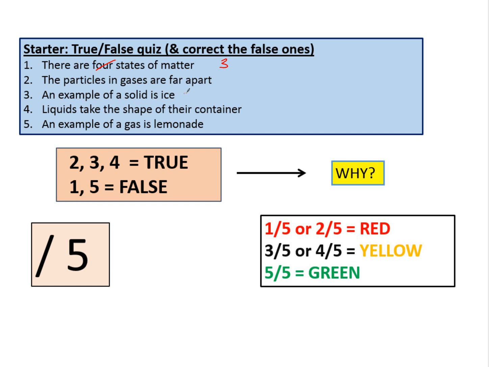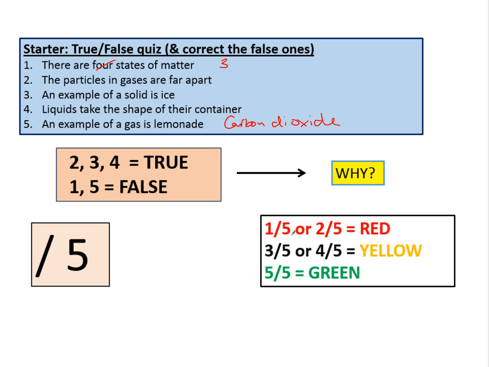That's also true. Liquids take the shape of their container. That's also true. But number 5, an example of a gas is lemonade. That is false. There is a gas in lemonade. Can anybody think of what that gas is? So the gas that is dissolved in lemonade is carbon dioxide. And that's what gives our fizzy drinks their fizz.